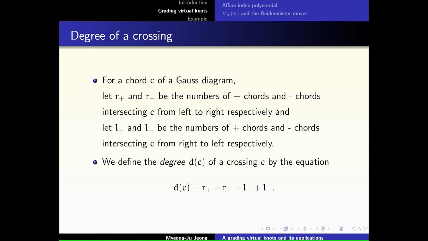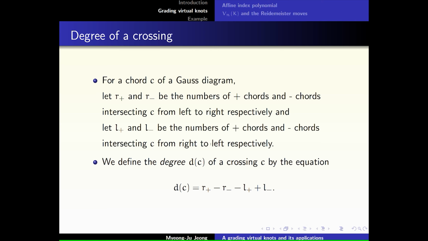Similarly, we also define L sub plus and L sub minus. So L plus means the number of positive codes intersecting C from right to left.